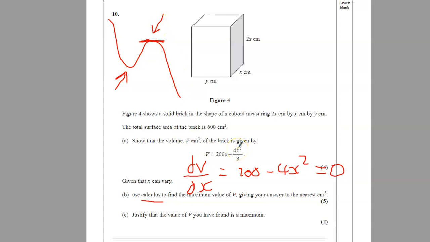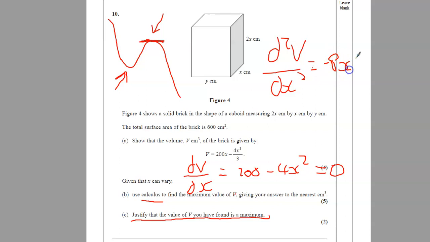But if you weren't sure, in fact, it asks us to justify the fact that the one we found is the maximum. Well, we'll differentiate it again, that's the good trick for that. So if we do d2V by dx squared, that goes away. We multiply that by 2, so we get minus 8x.